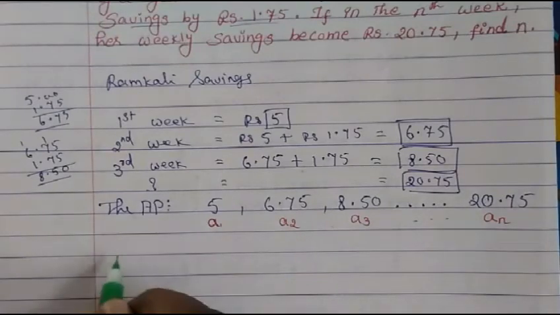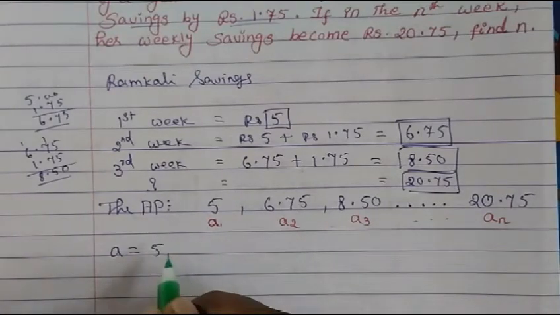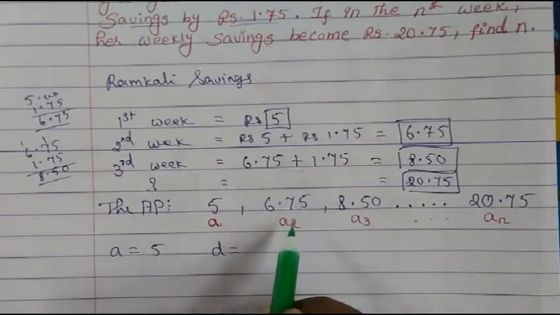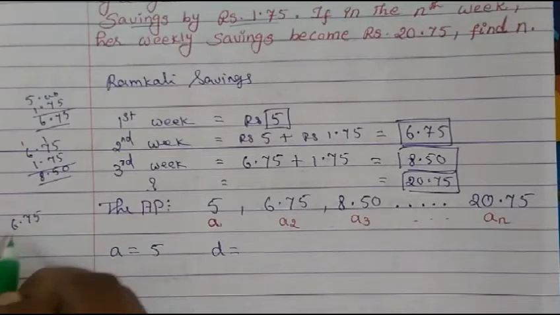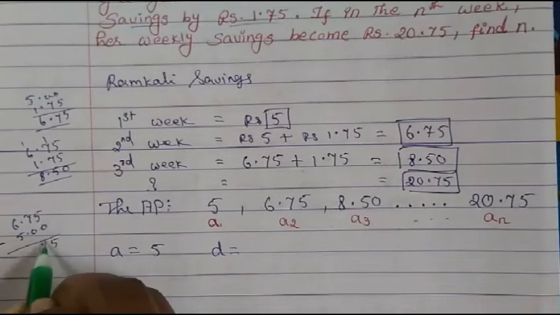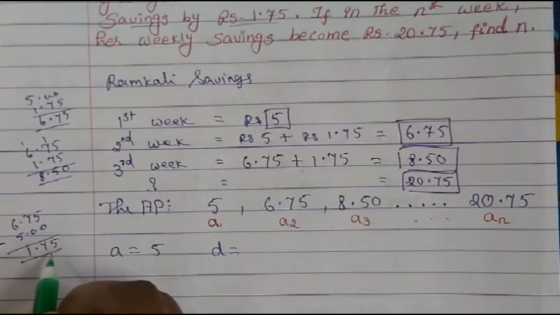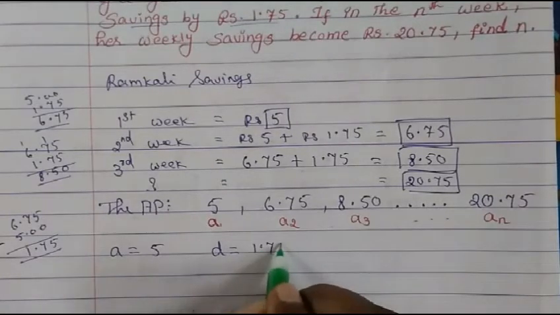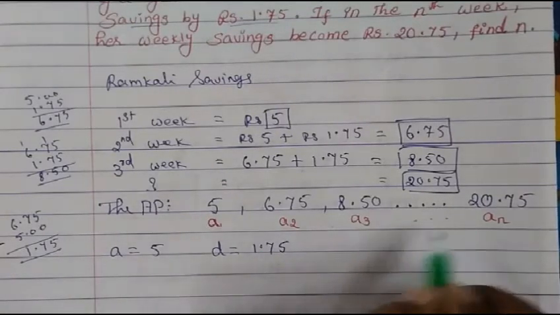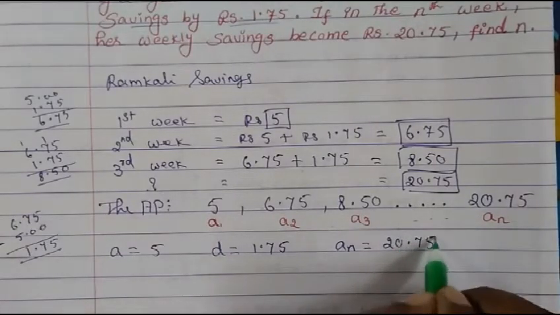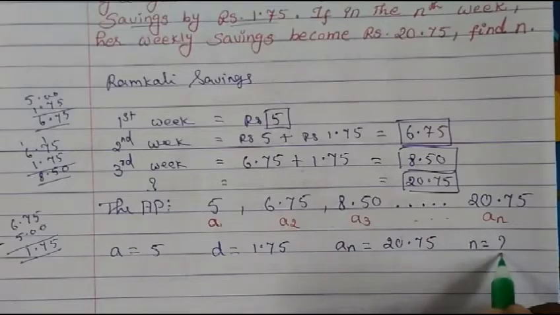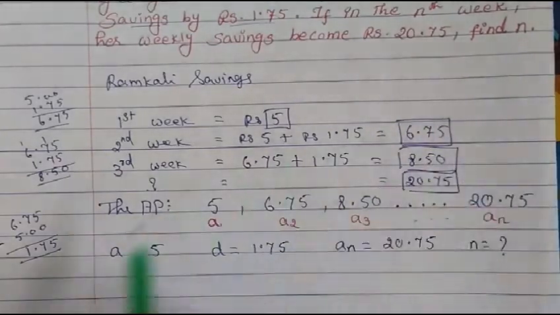So a value is what here? a is 5. Then d would be 6.75 minus 5, which will give us 1.75. Then we have an, that is 20.75. So we don't know the n value. So that's the question of find n.